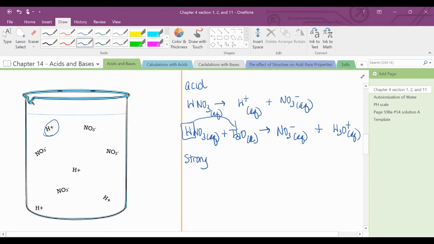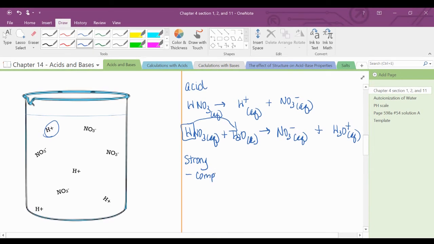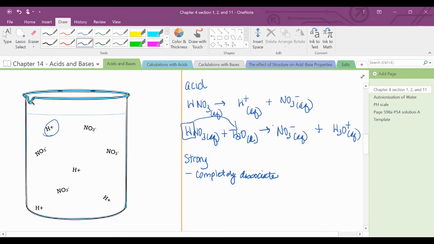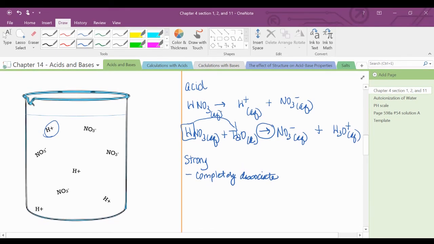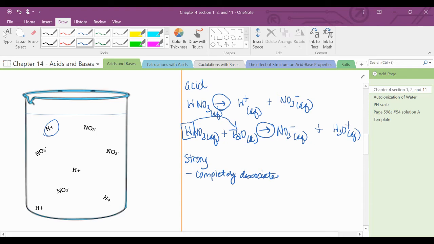And so again, the way I recognize that is that if I look at my particle diagram, there are only ions in solution. So strong acids completely dissociate. And notice that they're going to have an arrow that points in only one direction in their equation.